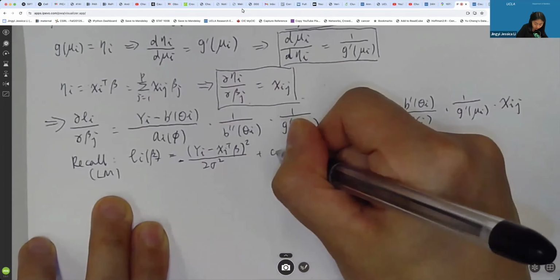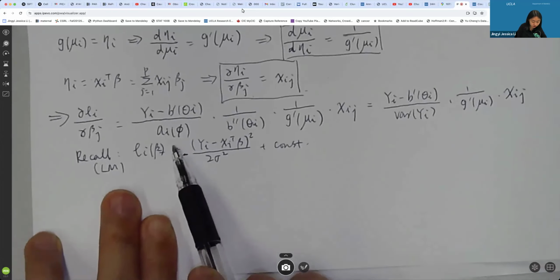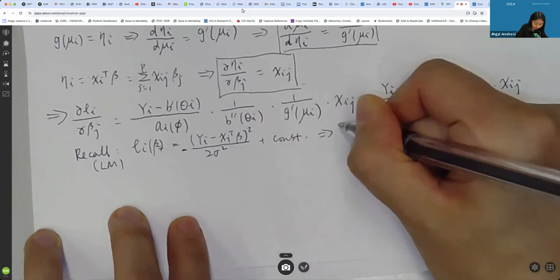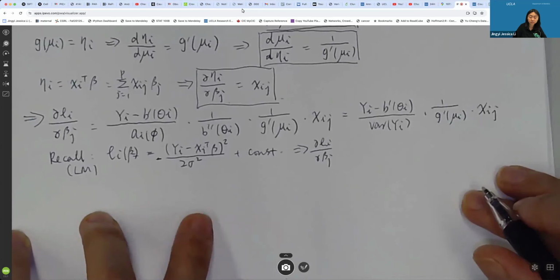I just ignore the constant. So when we take the partial derivative of Li with respect to beta j, what do we have?